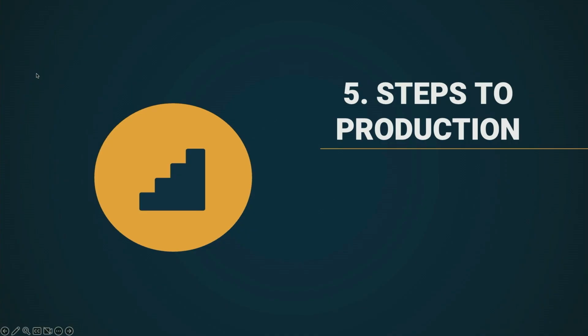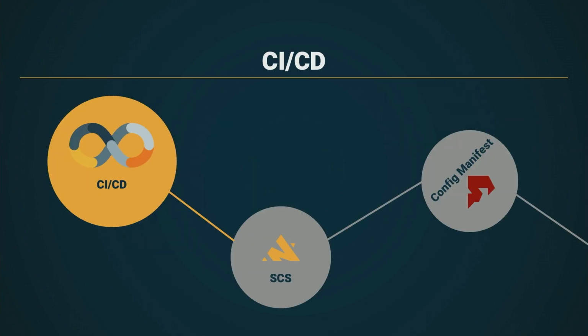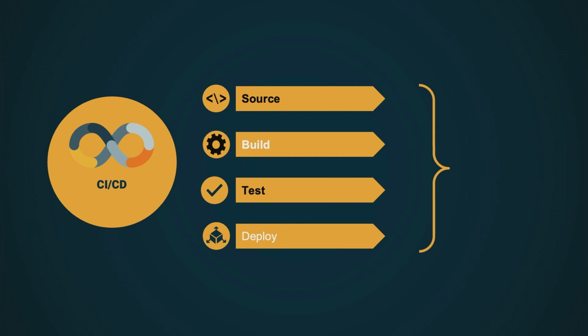When we went to production, we took a lot of steps, of course. First of all, we have to configure the CI/CD pipeline. Everybody knows CI/CD has 4 stages: source, build, test, and deploy.